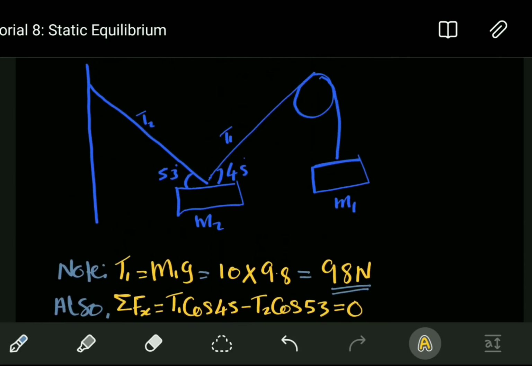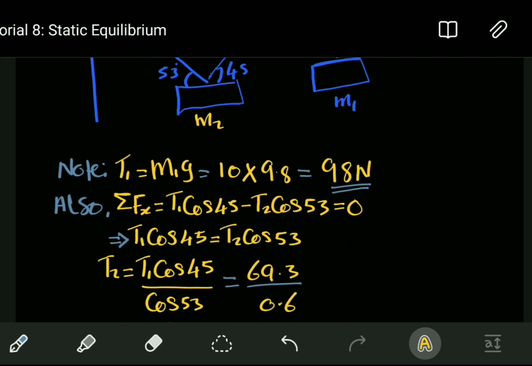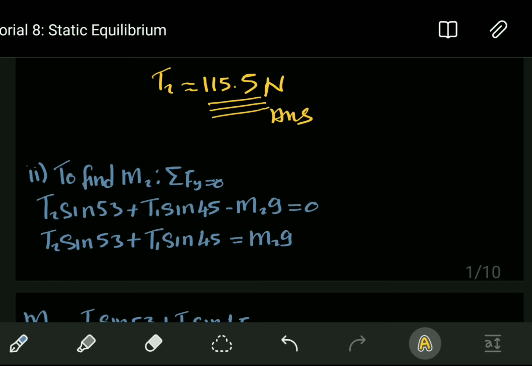In the diagram here, we find the mass of this M2. To find the mass of M2, we are going to have to consider the forces in the Y, from which we can find an expression for the weight of M2. Also the sum of the forces in the Y must equal 0. That is a condition for equilibrium.